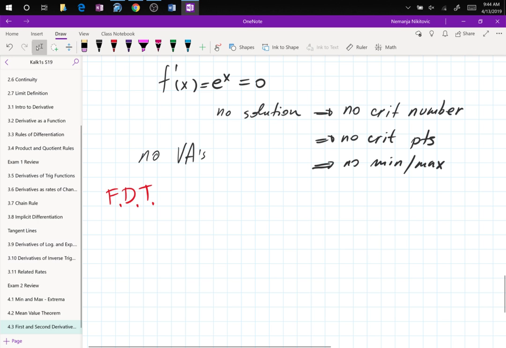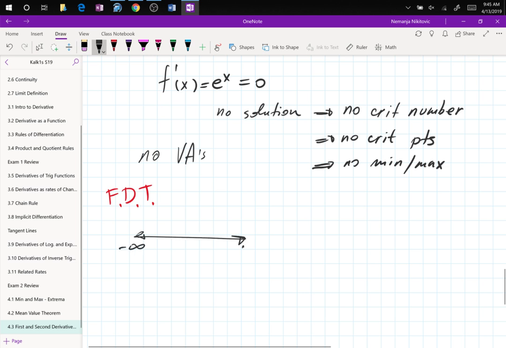Your domain is always there because there's always a function, right? If you have critical numbers, you get to subdivide it. If you have vertical asymptotes, you get to subdivide it. If you don't have any of those, then the entire domain is one big partition, and you just pick a value.